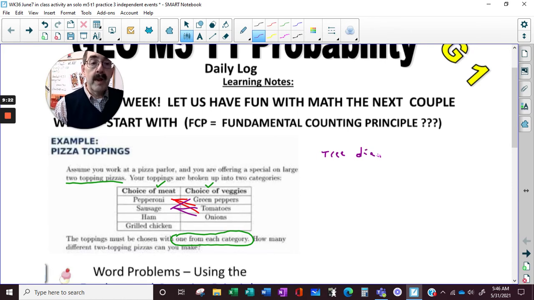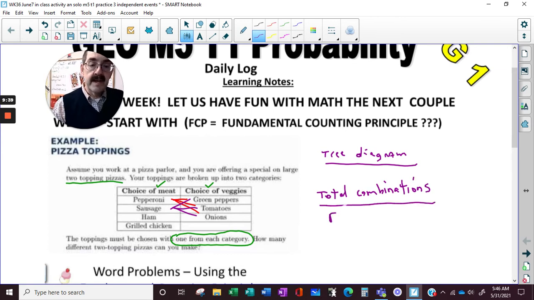Whatever works for you to understand that the answer is total combinations. That is the FCP, the fundamental counting principle, which is 4 times 3, which is 12.